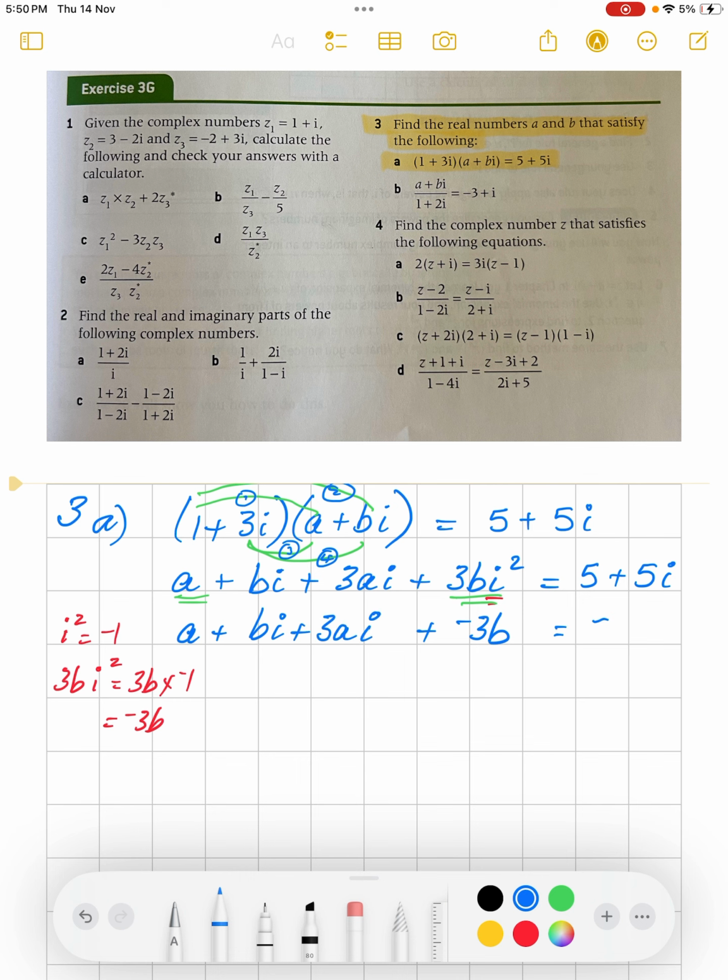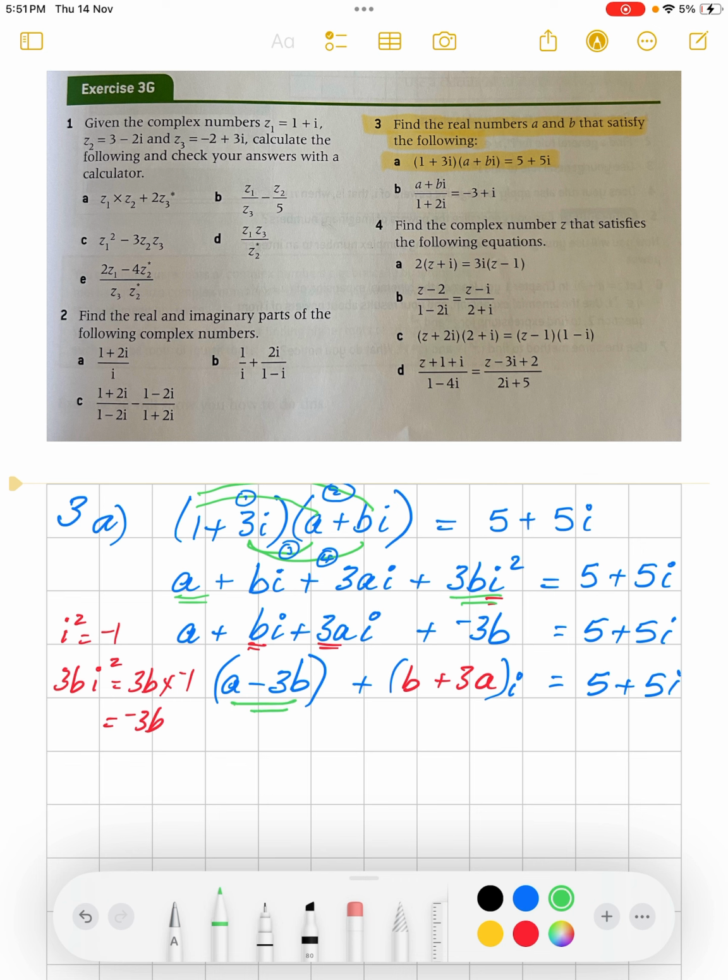Okay, so we just regroup now. So the real terms would be A minus 3B. And the imaginary terms, we'll factorize the i out here, and that would be i times B plus 3A. And now we have a situation where we can match.